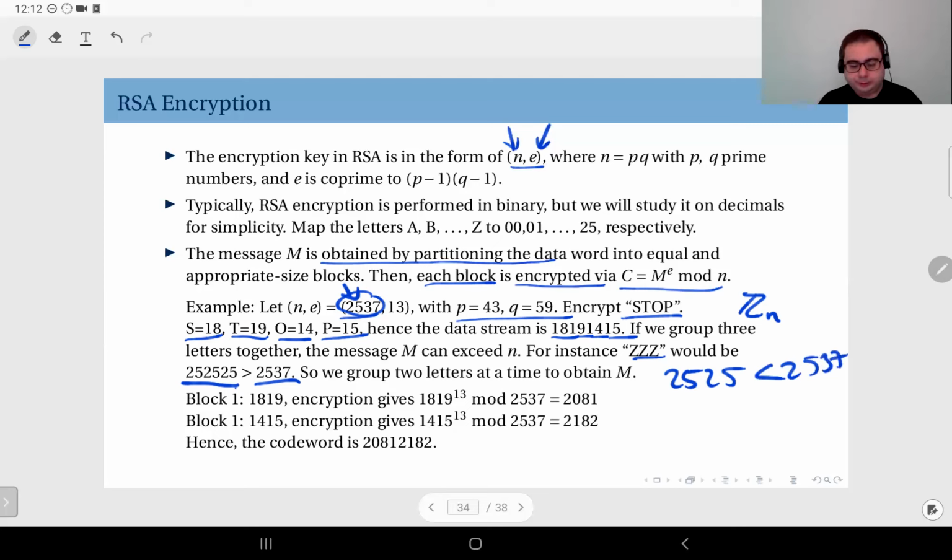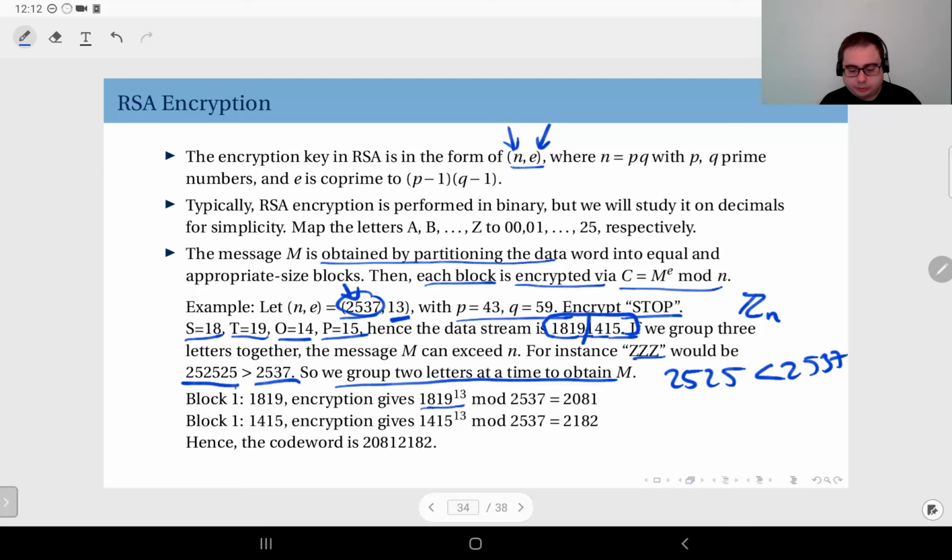So that means we group 2 letters at a time to obtain the blocks, or the message M. The original data stream is partitioned into 1819 first, and then 1415 next. For 1819, you raise it to the power e, and e is 13 in this scenario, and then take modulo n.